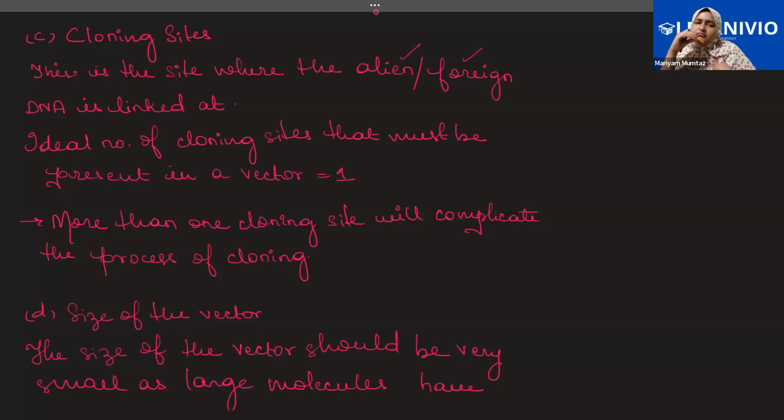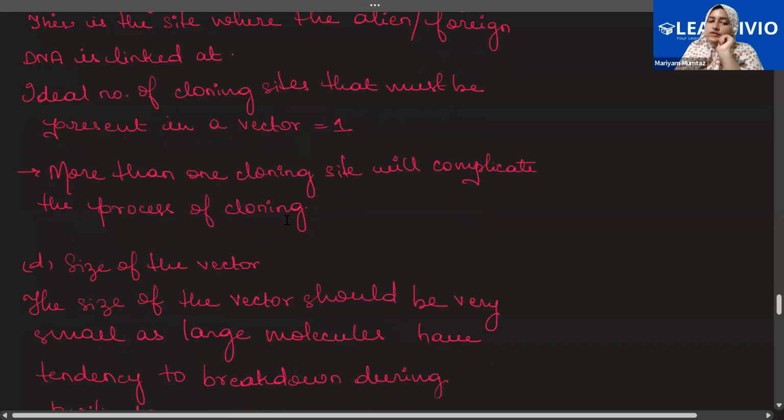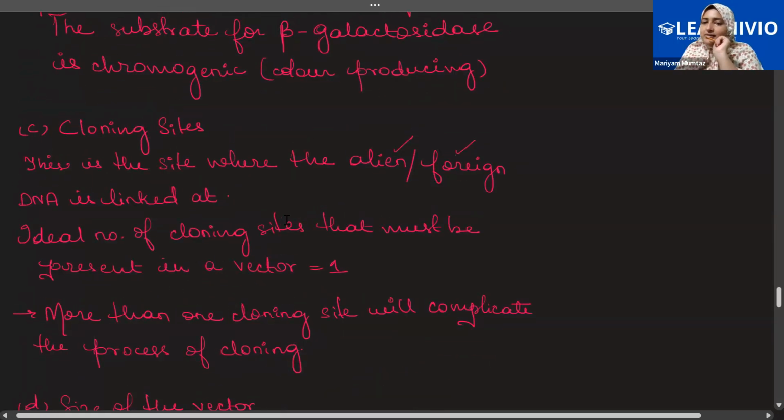Our vector should have one cloning site, because if there are many, then it will be very complicated for us to understand where we put it. Did we put it at site 1, site 2, site 3? We'll never know. So the ideal condition is one cloning site in the vector, because more than one will complicate the process of cloning. Cloning sites are clear?